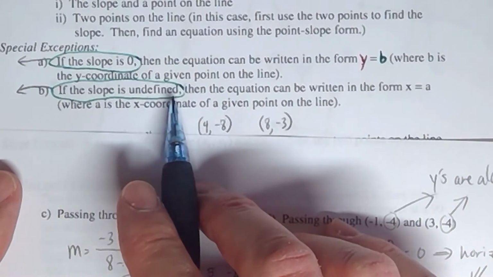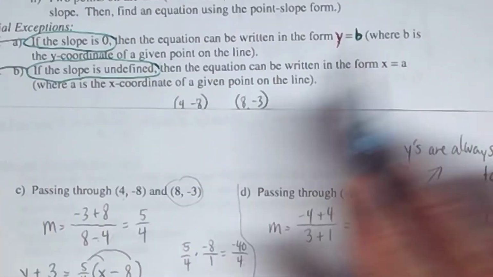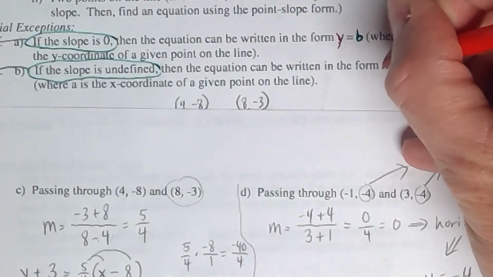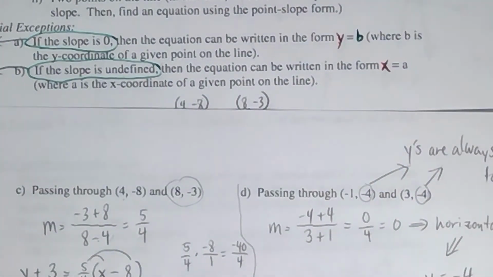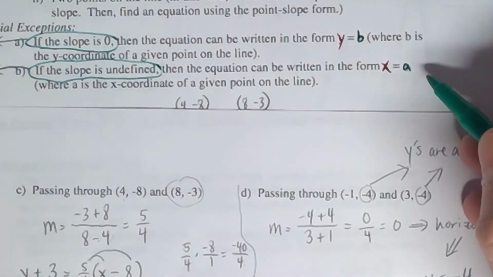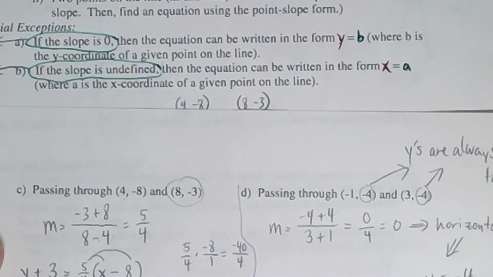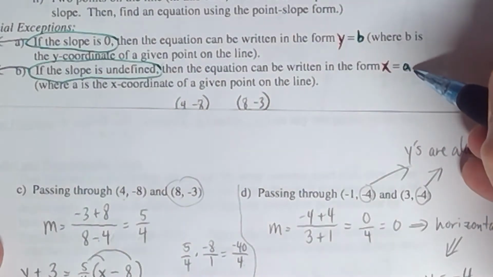It says if the slope is undefined, the graph is vertical, and we're going to say that x is equal to, and we just put the letter A there just to put something there. But the important thing is that since it's not x or y on this side of the equal sign, you just figure out what that number's got to be, and that becomes your answer, x equal to some number here that we need to figure out still.